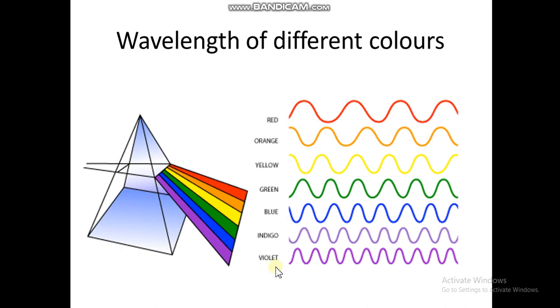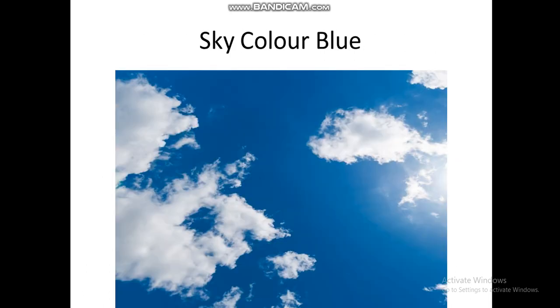So violet, indigo and blue light is scattered throughout the sky, and we can see a blue colored sky. Actually the color of the sky is not blue, it is black.